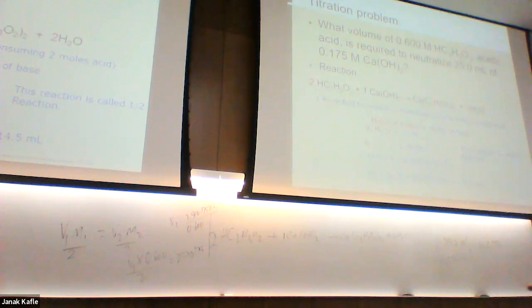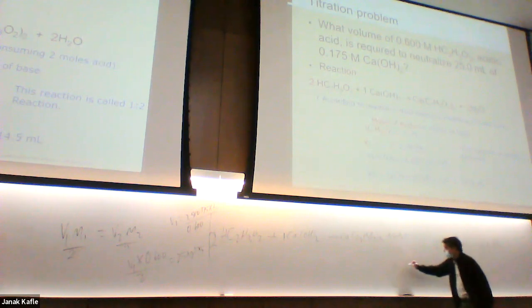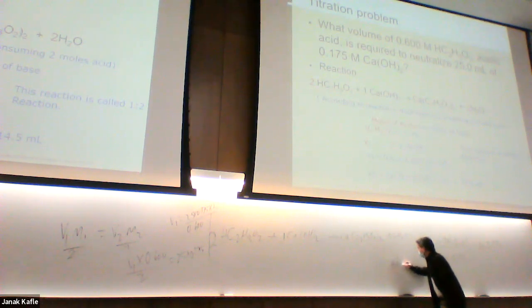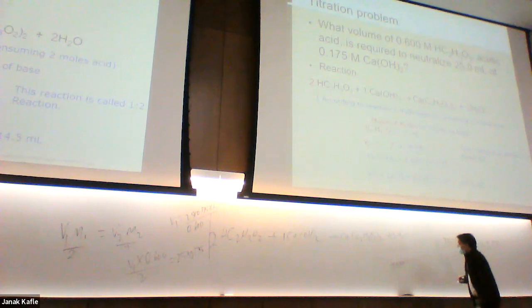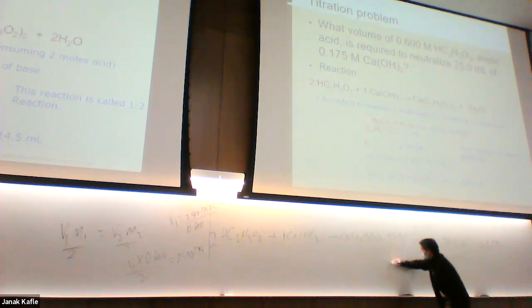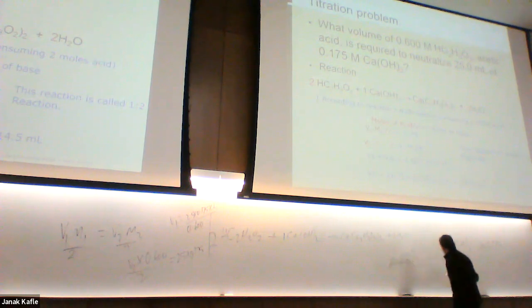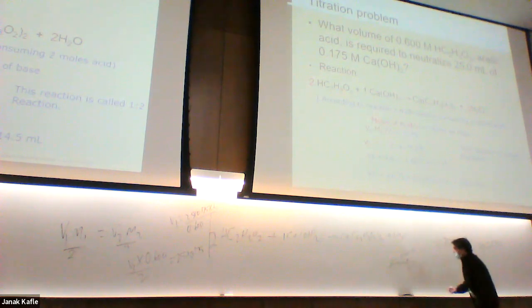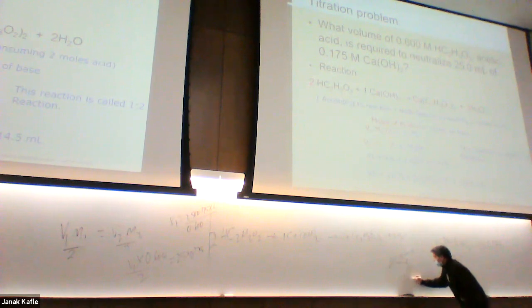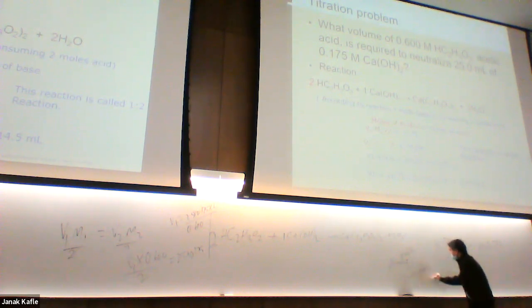Make sense? So that's liter. And this is the molarity. So if I have a molarity and liter, I can find the number of moles. So maybe I write this way. Molarity is equal to number of moles divided by liter. So liter multiplied by the molarity gives me number of moles.